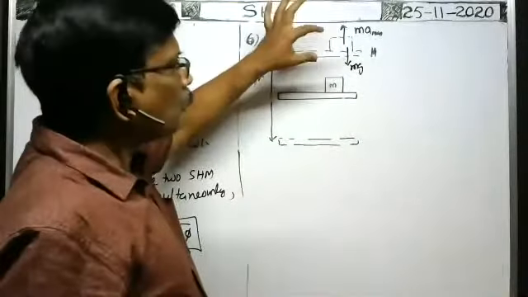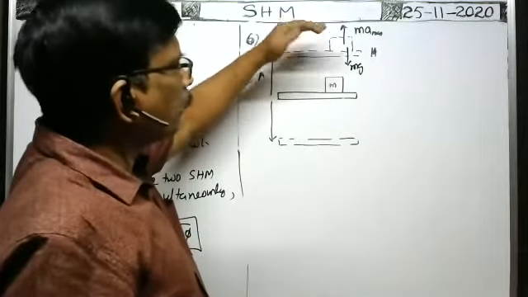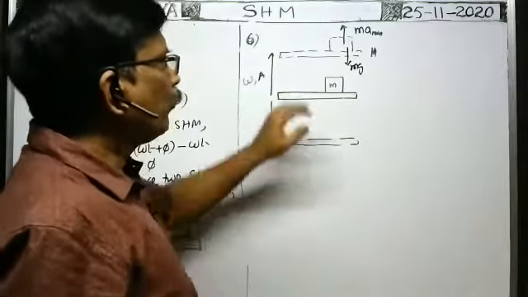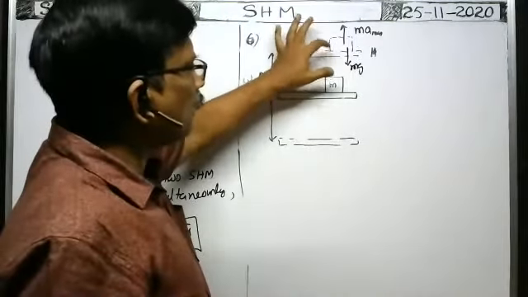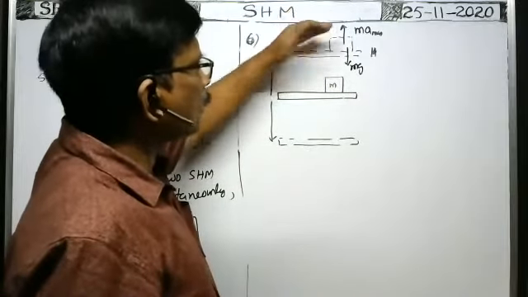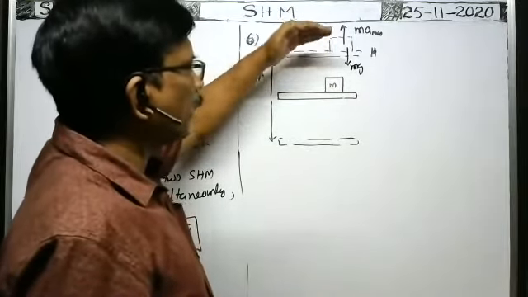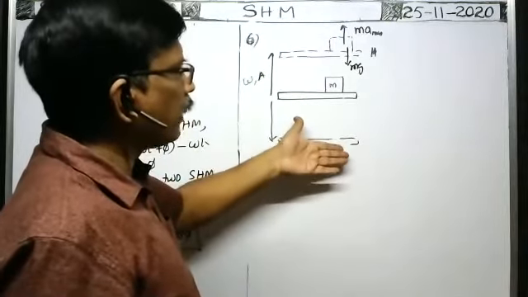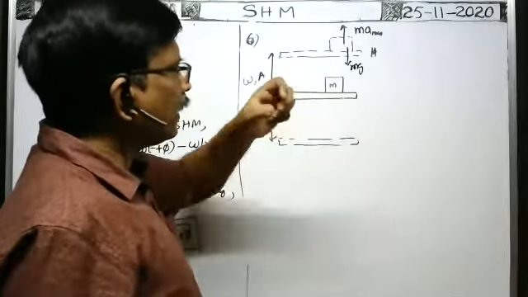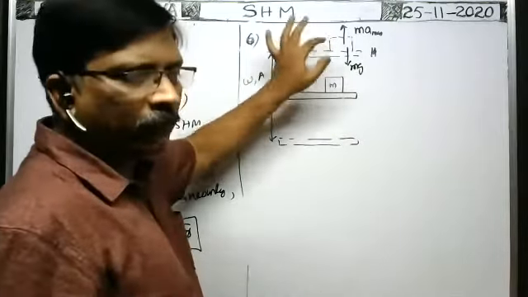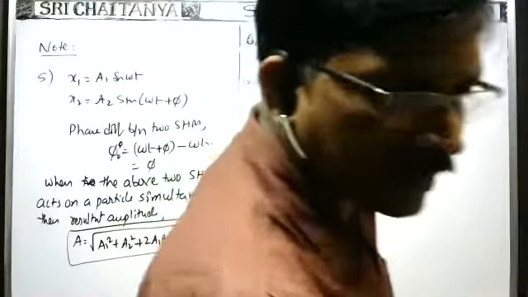For the block not to lose contact with the platform when it reaches the highest position, what is the condition? Of course, if the block does not lose contact with the platform at the highest position, definitely in any other place the body never loses contact. There is a possibility for the block to lose contact only when the platform is at the highest position.